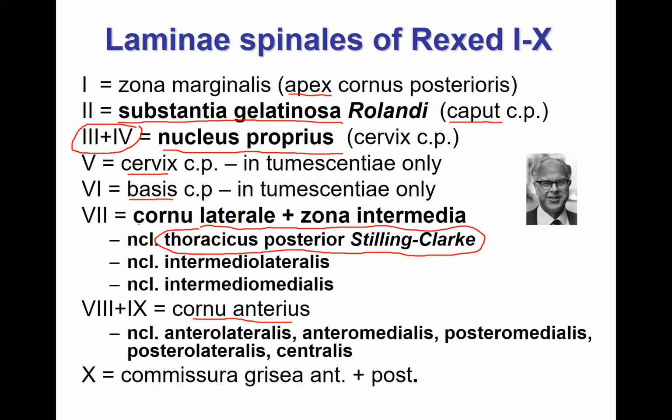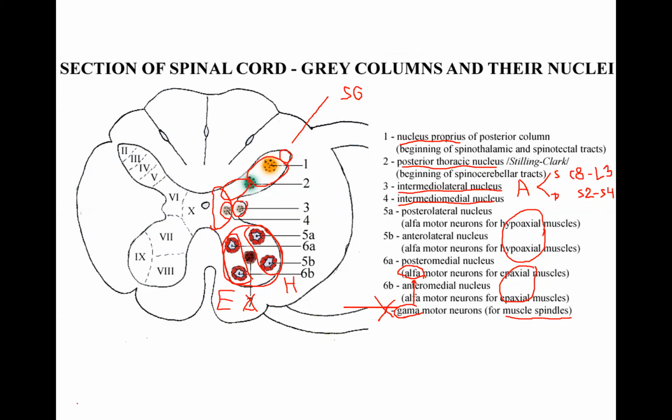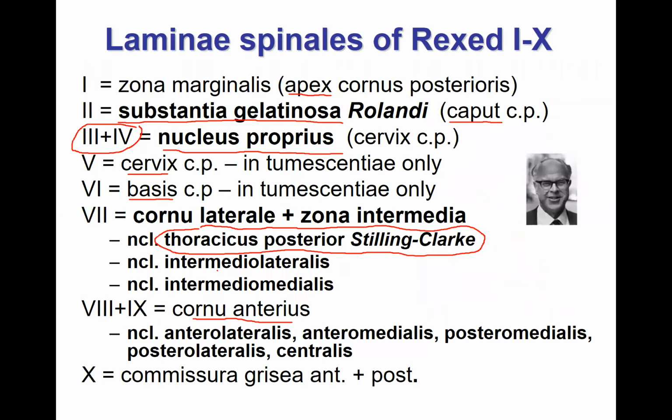In the lateral horn and adjacent intermediate zone, that means here, here, we can find the intermediolateral, which is visceromotor, the intermediomedial, which is viscerosensory, and partially the posterior thoracic nucleus of Stilling-Clarke, which is somatosensory and sends information to the cerebellum.